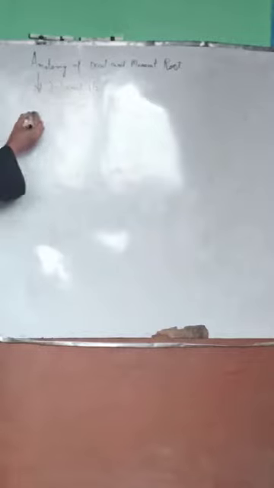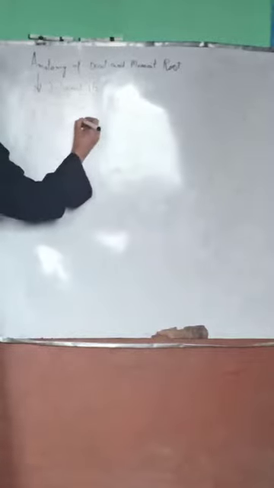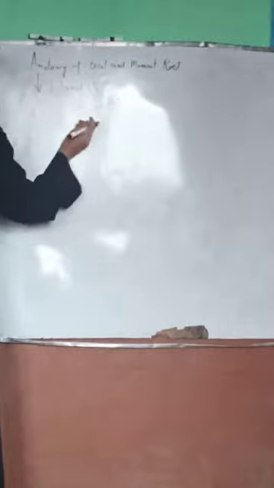At first, we will try to see how two types of roots differ from each other on the basis of their internal structure. And first of all, we will take dicot roots. I will draw the structure here, like this.